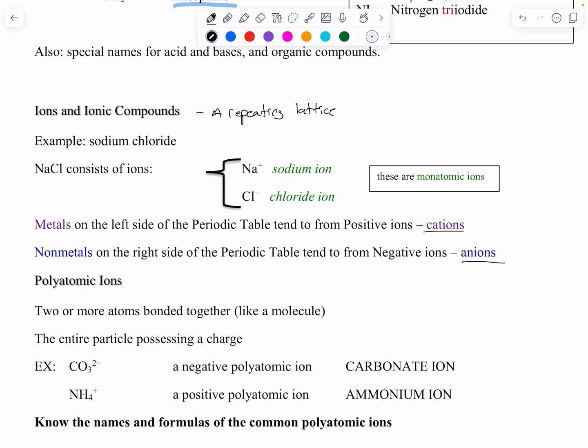Cations and anions make a repeating pattern: positive, negative, positive, negative, right? But then it goes negative, positive here, negative there. And this happens in 3 dimensions.